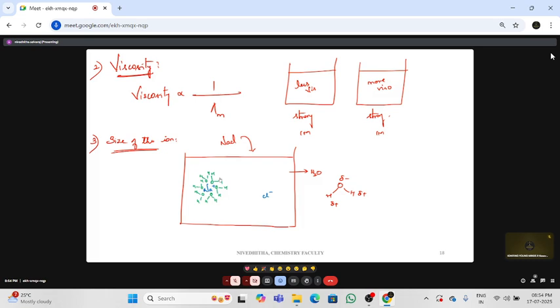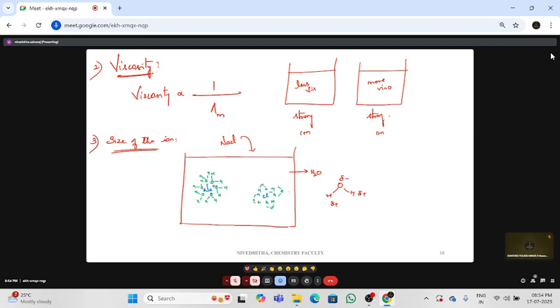So this is like a cage, and this cage is built by the solvent molecule. So that is called solvent cage. It will be like a sphere, or it will be like a cage, inside which Na plus is trapped. And similarly, Cl minus also, since it is negatively charged, it will attract the positively charged H plus. So this also will have the solvent cage.